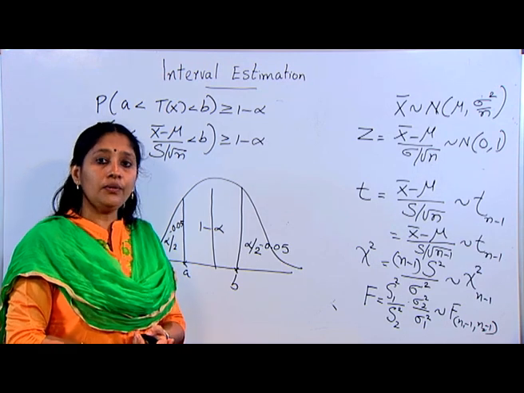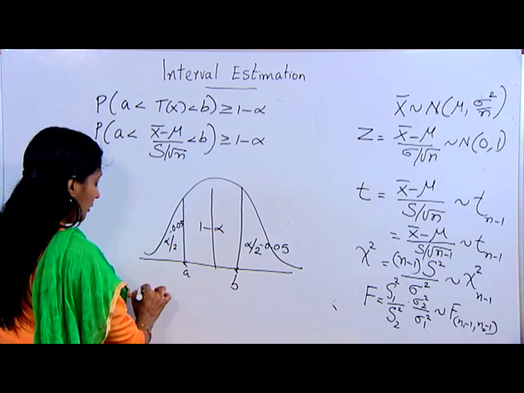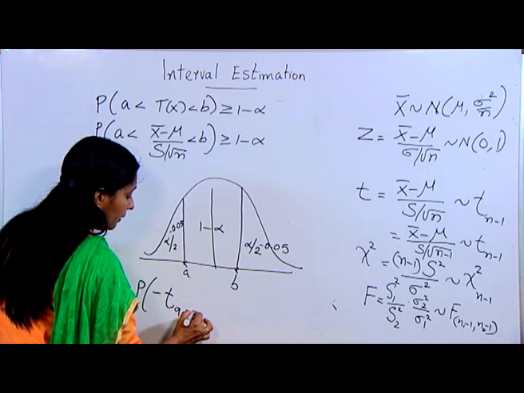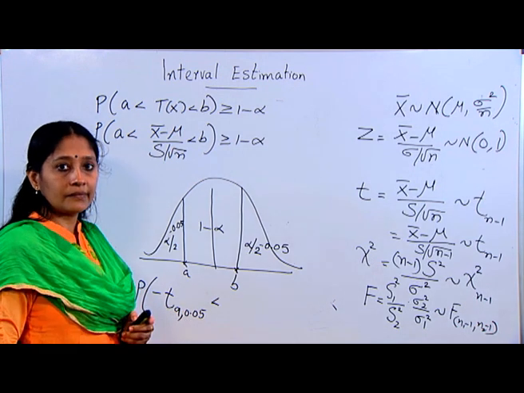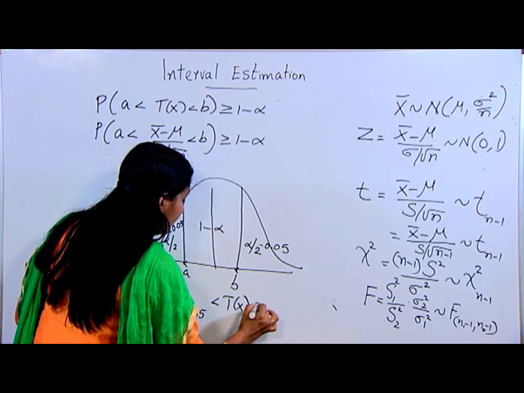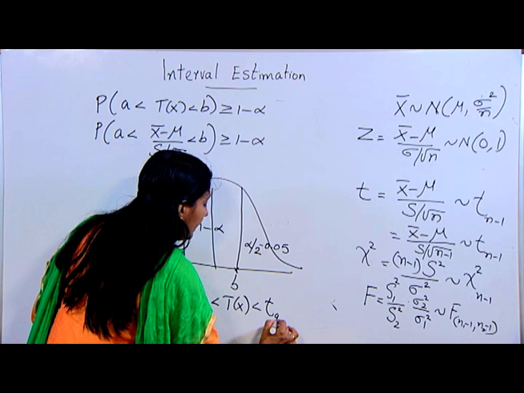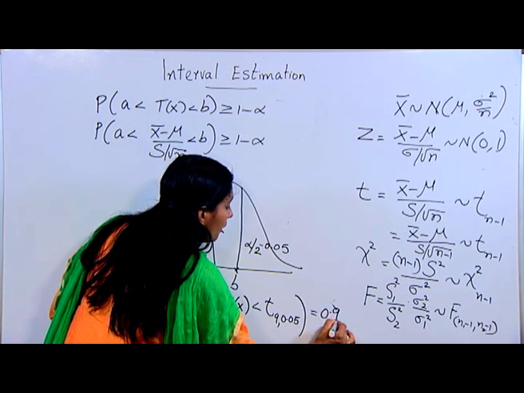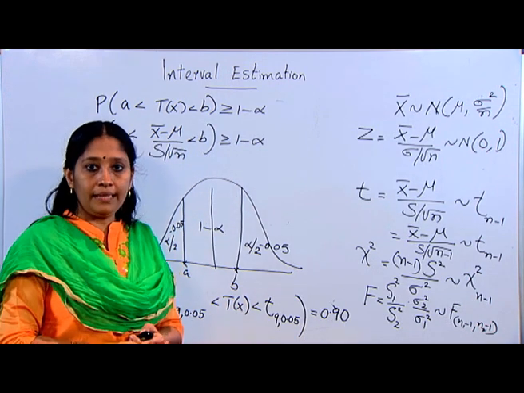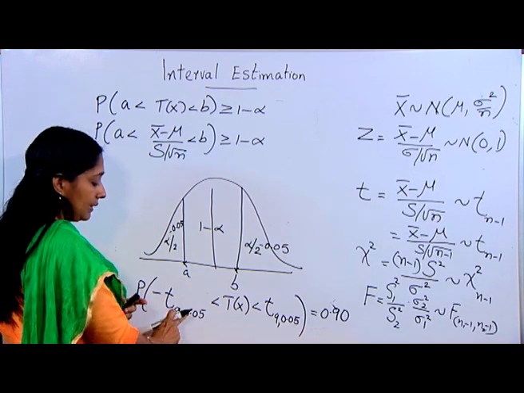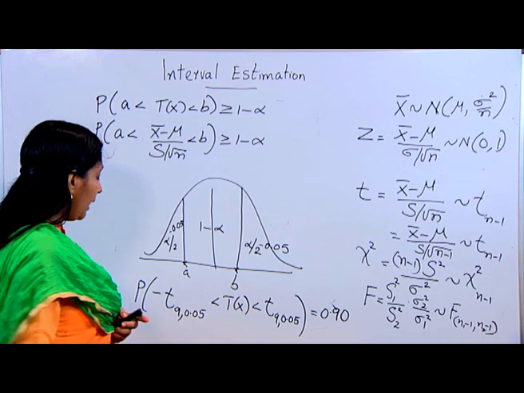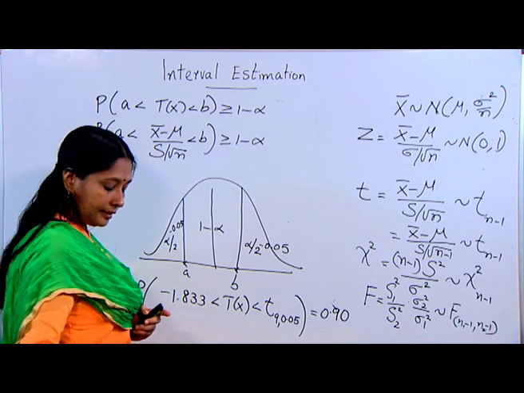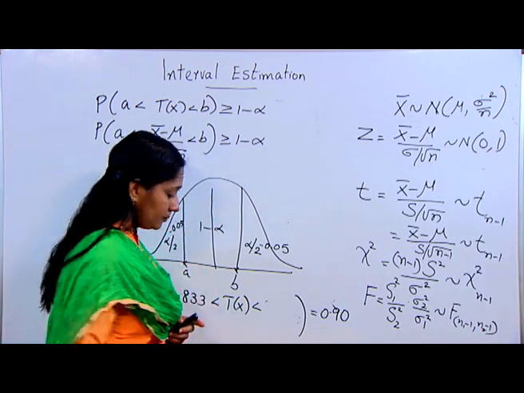So, for example, when you look at the table, you can see that the probability of minus t 9, alpha by 2, that is 0.05, less than t less than t 9, 0.05 is equal to 0.90, when these values, that is minus t 9, 0.05 is minus 1.833 and this is 1.833.